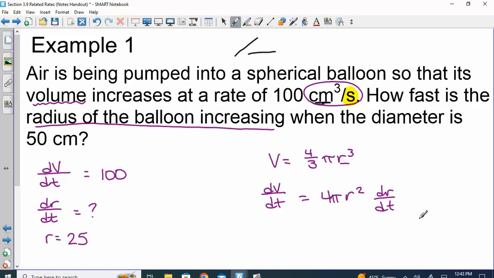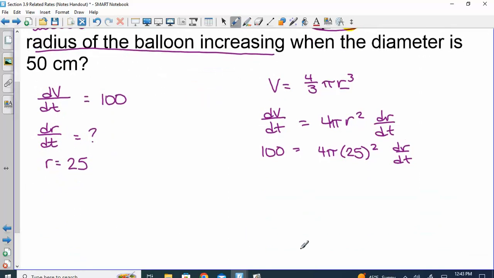Now we can plug in our stuff. So dV/dt is 100 equals 4 pi, radius is 25 squared, and I do not know dr/dt. I think I did put blank slides next to these if you need a little extra space.